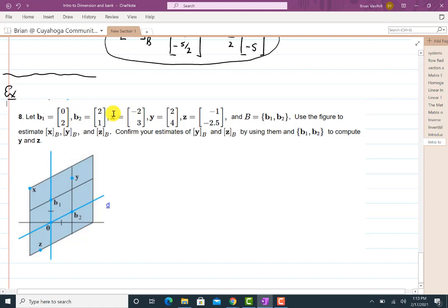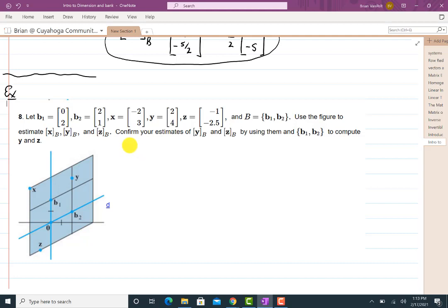What they want us to do is show how they're related when I graph x, y, and z. Now x, y, and z are graphed using normal coordinates. They want us to figure out what xb, yb, and zb are all equal to. So that's what we're going to try to do in this problem.